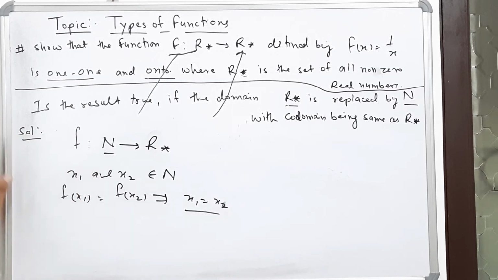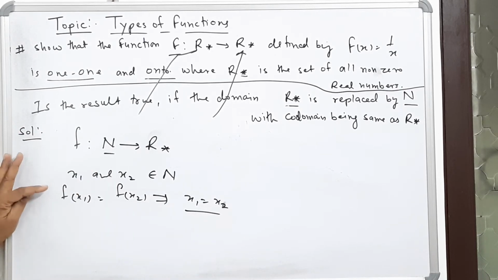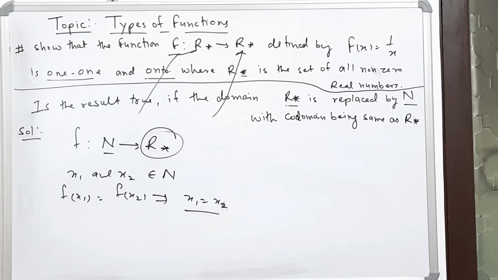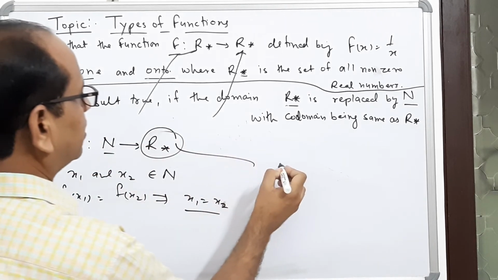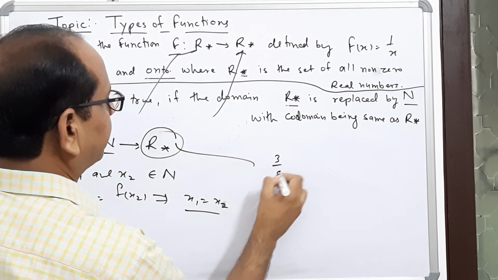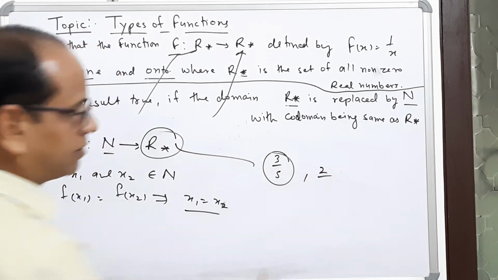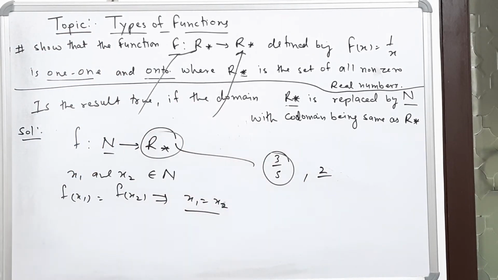But it will not be an onto function. The reason is, suppose I take one number from the codomain, say 3/5, or a number 2, or any other number.